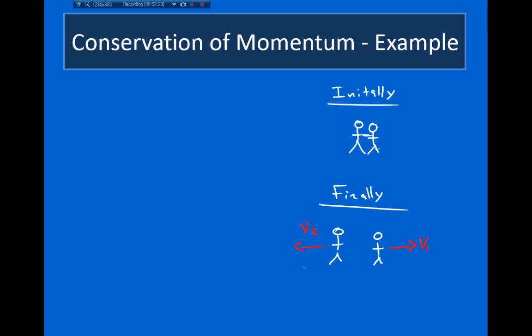So we can say that the initial total momentum is going to be equal to the final total momentum. Initially the two skaters are both at rest, so the initial momentum is 0 kilogram meters per second. And for the final momentum, the momentum of skater 1 is going to be m1 v1, and the momentum of skater 2 is going to be m2 v2.